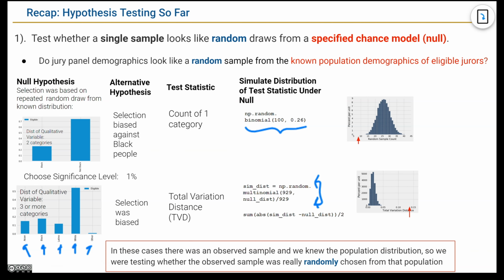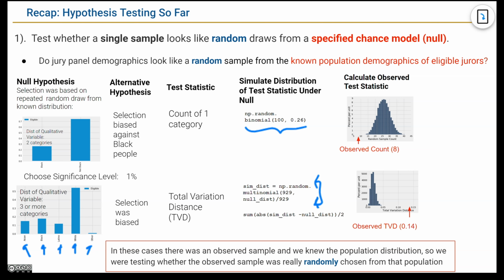In both cases, here's our distribution, and the next step was actually to calculate the observed test statistic. We saw there were 8 jurors in the Robert Swain case that were Black. We saw that the observed TVD for the Alameda jury panels was 0.14. And in both of these cases, we're looking for where this number sits in relationship to what we would expect for this test statistic to look like.